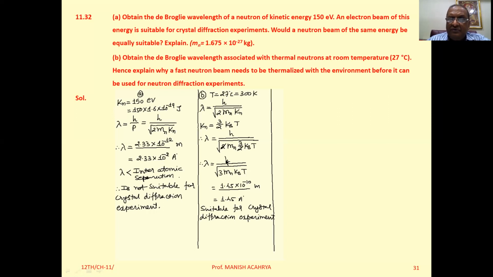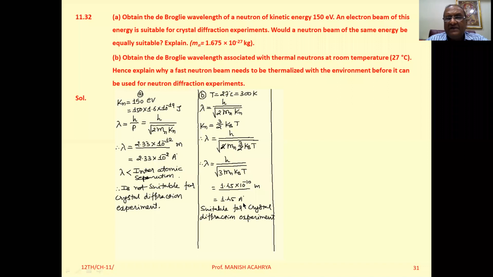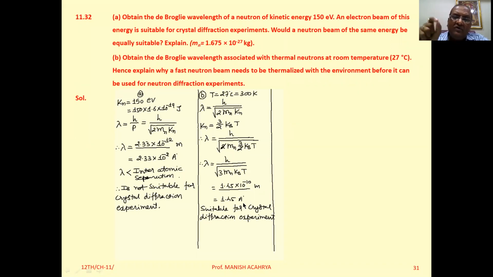Again, if we substitute value of h, Mn, kB and T, we'll get the answer 1.45 into 10 raised to minus 10 meter. That is 1.45 angstrom. And this wavelength obtained is of the order of interatomic spacing. So this one is suitable for diffraction experiment.